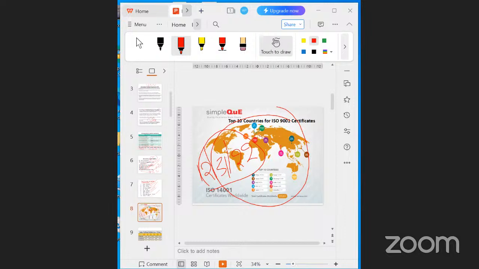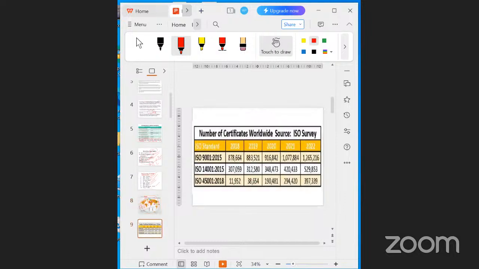It compiled the number of valid certificates for 16 ISO management system standards, and that is ISO 9001, ISO 14001, ISO 27001, and ISO 45001, like this, right?